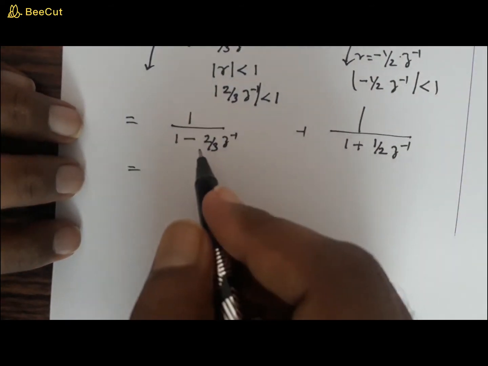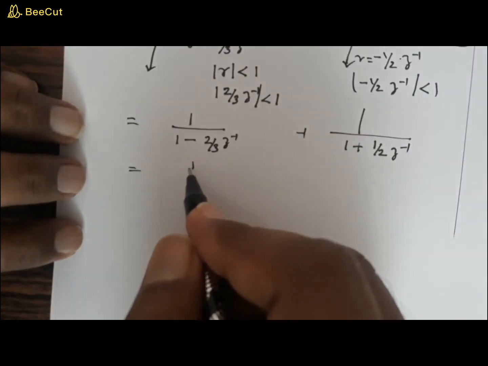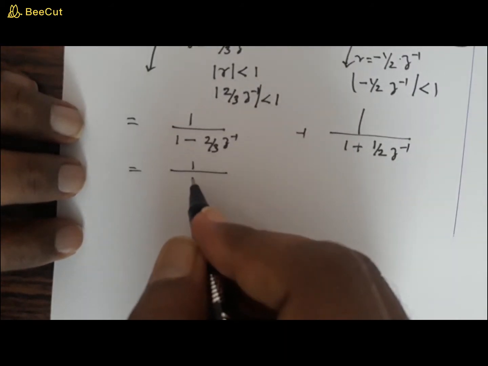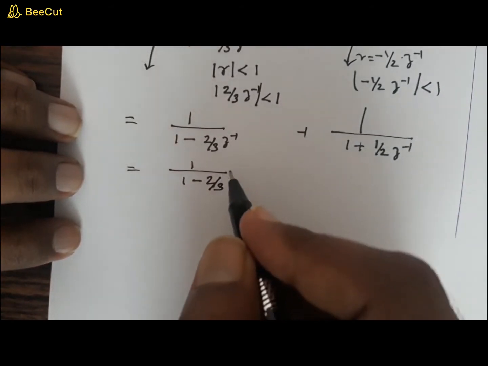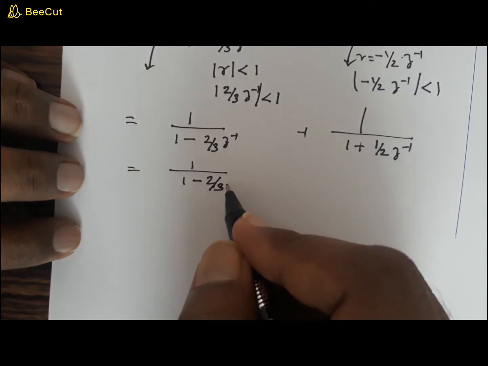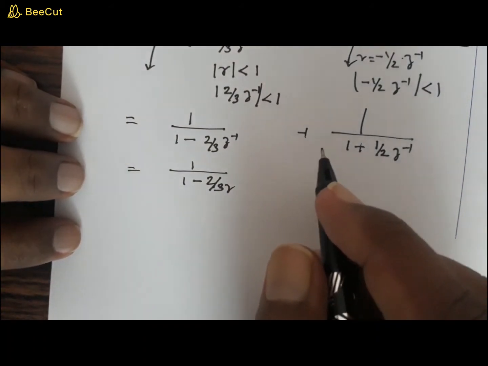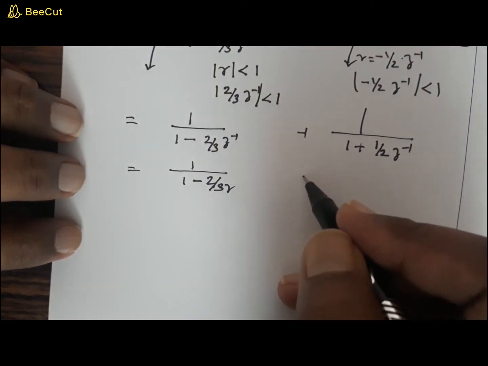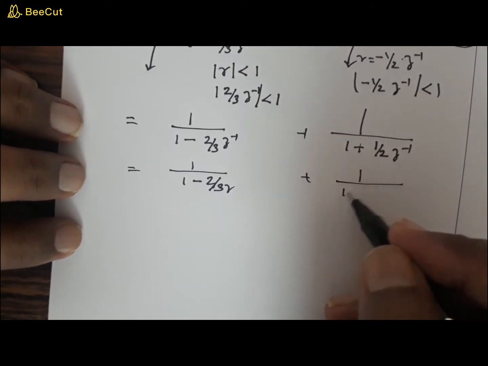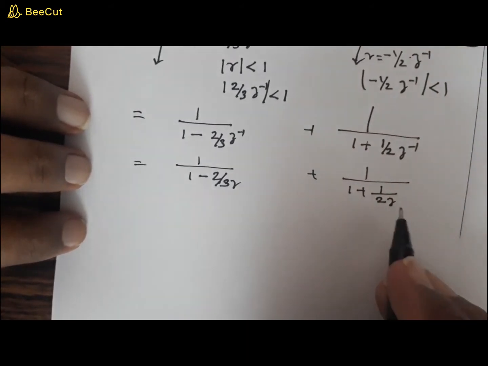So this will be 1 by 1 minus 2/3 z^-1, and plus 1 by 1 plus 1/2 z^-1, right? This is how it goes.